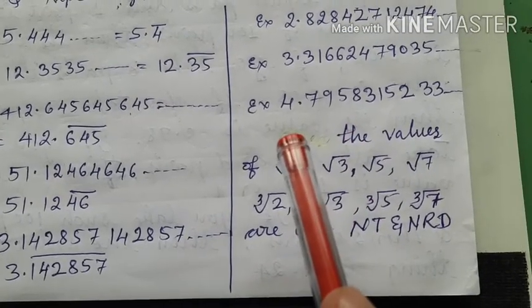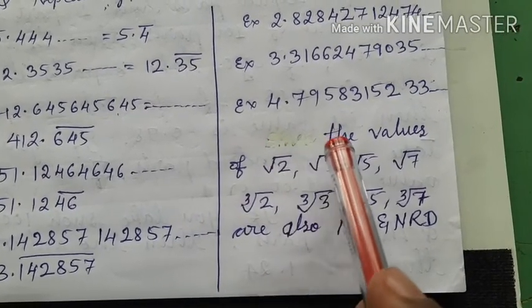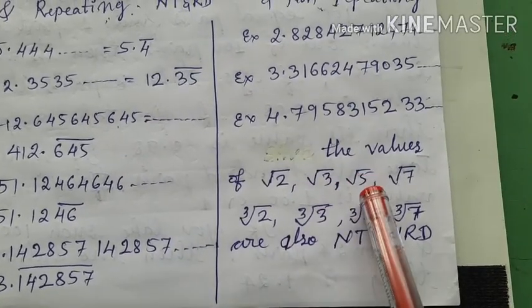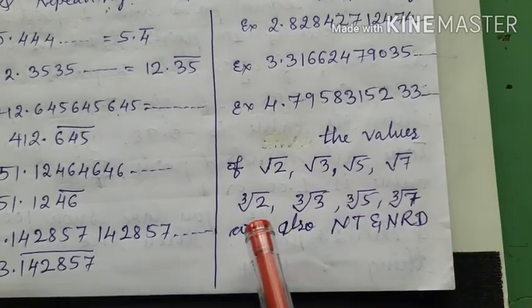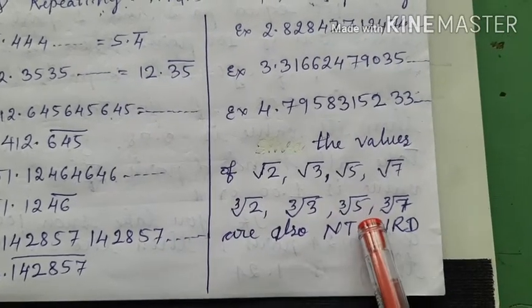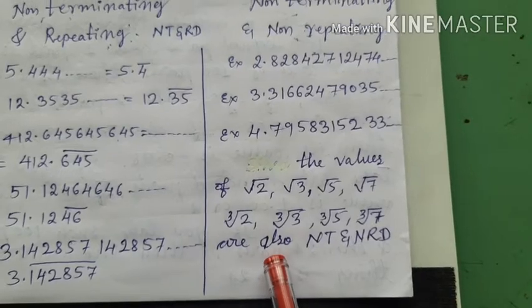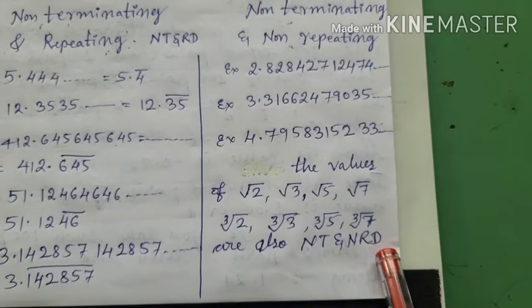So children, we just learned that the values of square root of 2, square root of 3, square root of 5, square root of 7, cube root of 2, cube root of 3, cube root of 5 and cube root of 7 are non-terminating and non-recurring decimals.